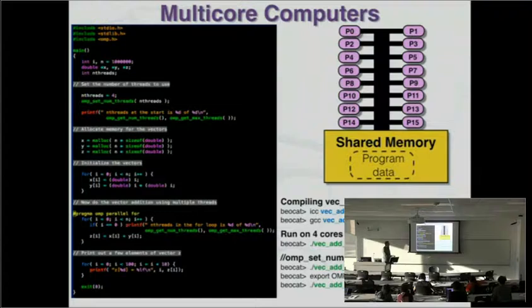So again, let's go ahead and compile this. When we compile this, use either the ICC or GCC, doesn't matter which, but we have to tie in the appropriate library. If you do ICC, you have to put a minus OpenMP.